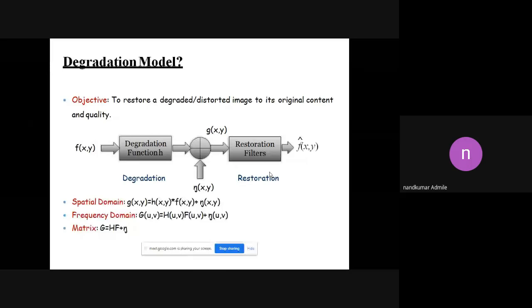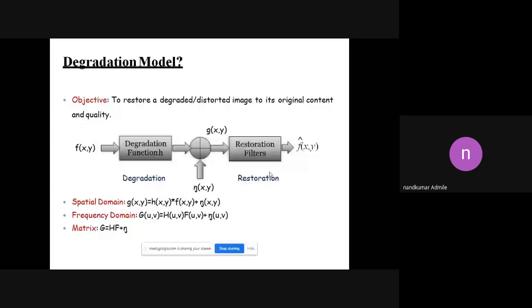We can represent it with an x coordinate and a y coordinate, and with the help of function f, we can represent the input image as f of x y.